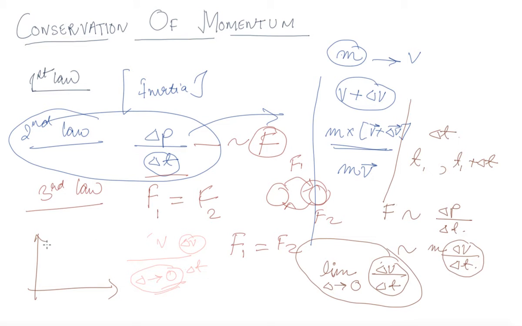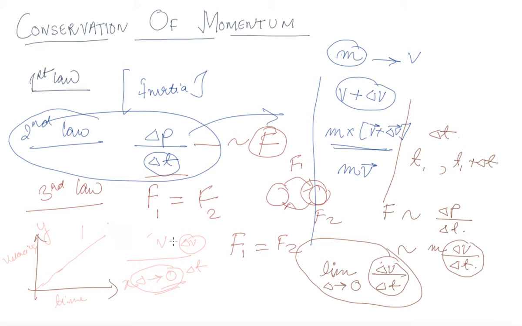This means that, say suppose we are making a graph. This is your y-axis and this is your x-axis. If you are plotting over here the time, this is time, and if you are plotting a velocity v, say this is velocity v. Now velocity is increasing with respect to time.